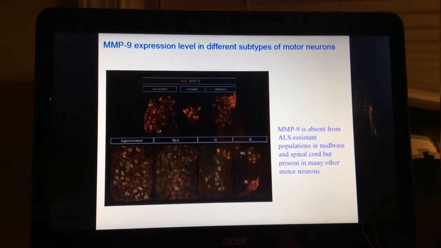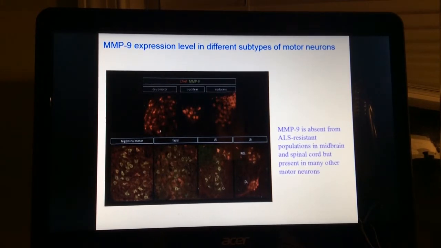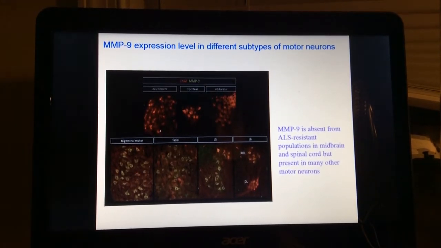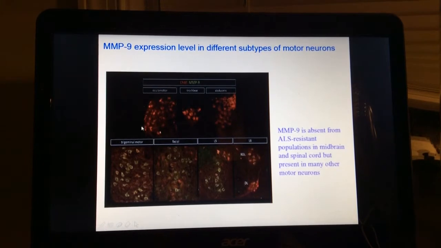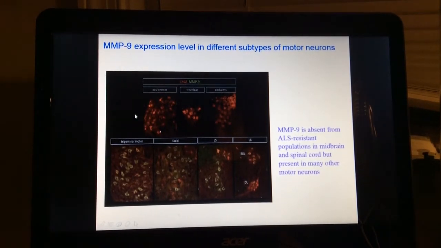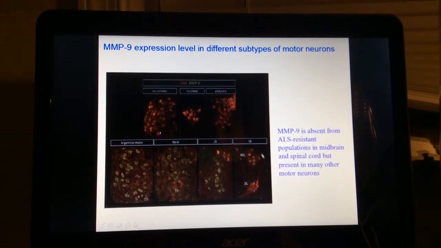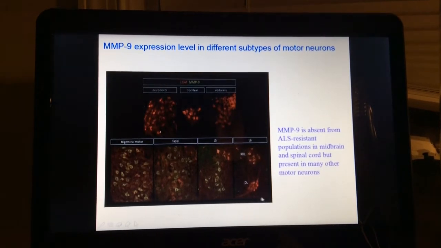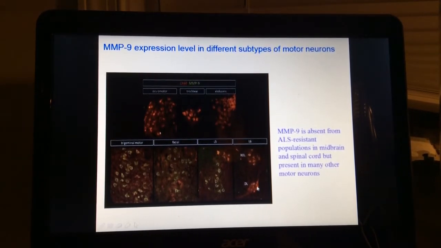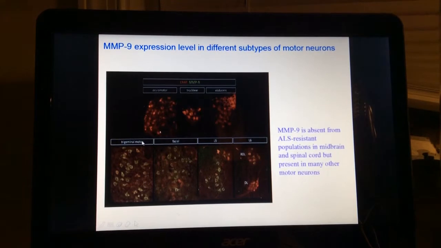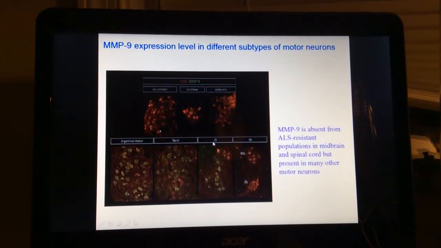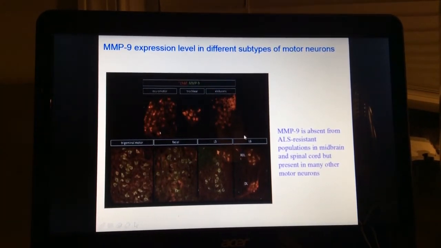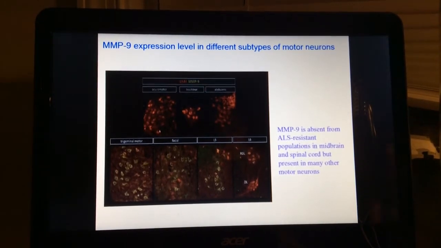The result here showed that the first row, which are all extraocular muscles, doesn't have MMP9 positivity. In contrast, in the second row, MMP9 is highly expressed in trigeminal and facial nuclei, as well as in L5 and L6 spinal motor neurons.